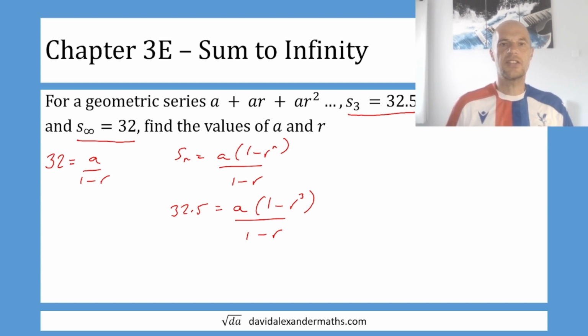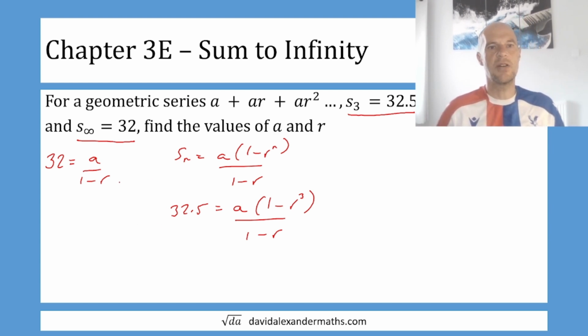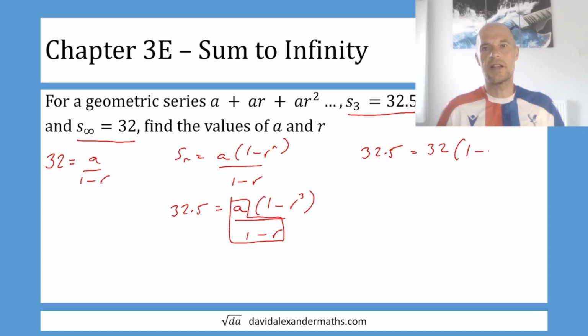Okay, so what I need to do is somehow do a bit of substituting perhaps. So I know that a over 1 minus r is 32. Now here I've got a over 1 minus r. So if I can replace that with 32, I'm away. So 32.5 is 32 lots of 1 minus r cubed. So I'm going to expand those brackets.